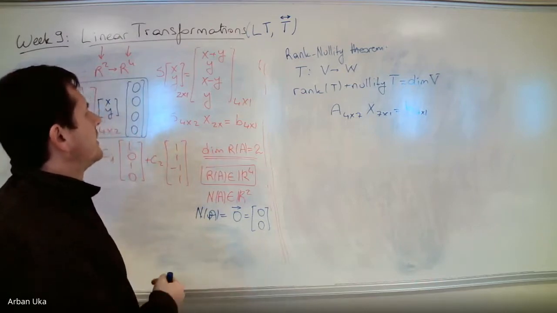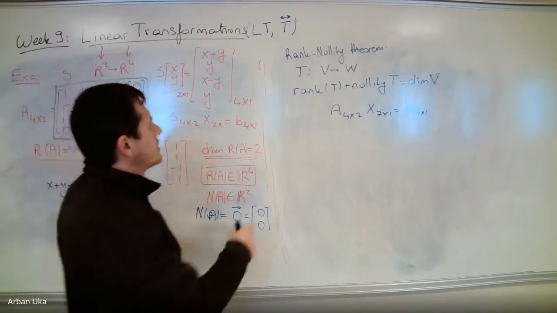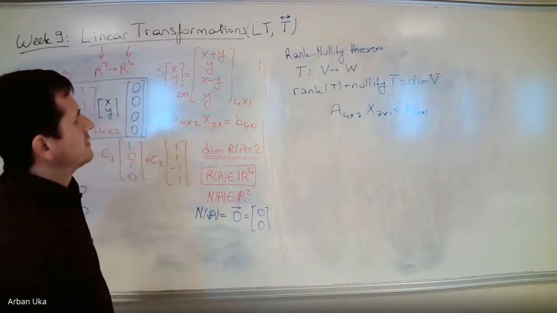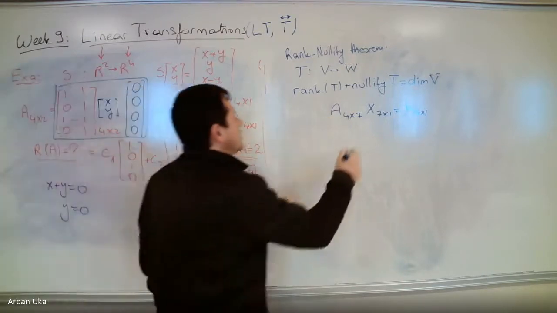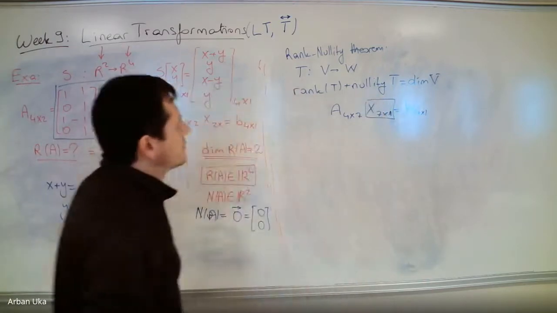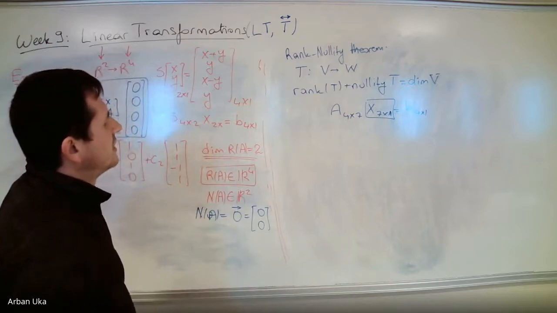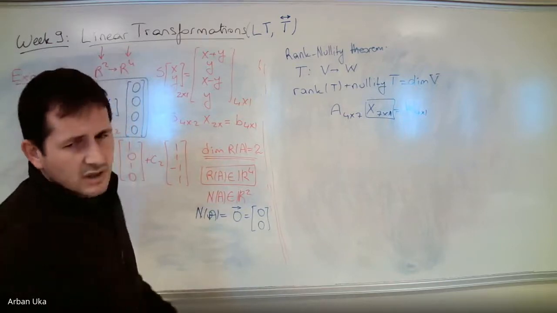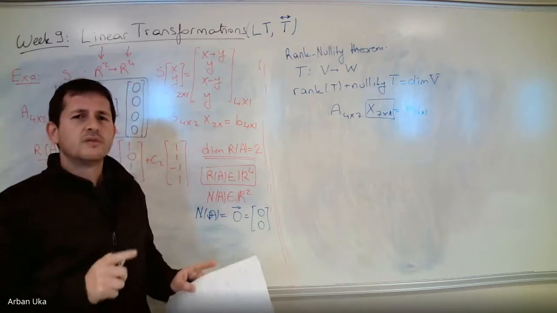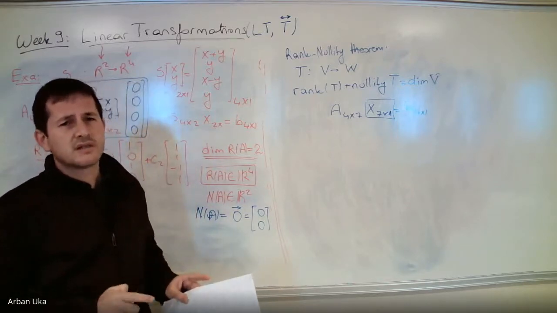So the rank of T, which in this case corresponds to the rank of A, plus the nullity of T, which means the dimension of these vectors. These vectors belong to R7, so what is the dimension of the nullity? It's equal to the number of vectors whose linear combination constructs the null space, okay?